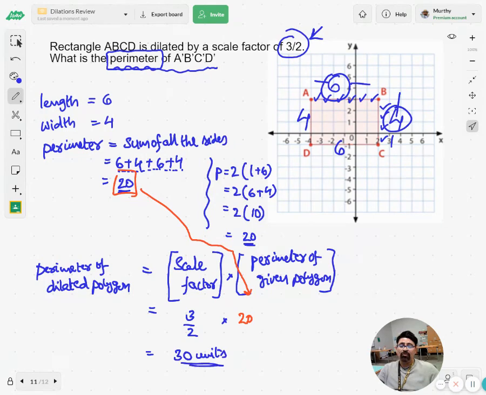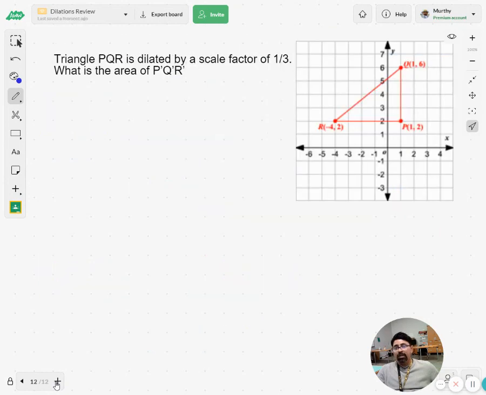You have to be careful between perimeter and area. Okay, one more question. This time you are asked to find the area. The scale factor is also given here. I see that 1/3. So first of all, let me find what is the area of the given shape, a triangle.